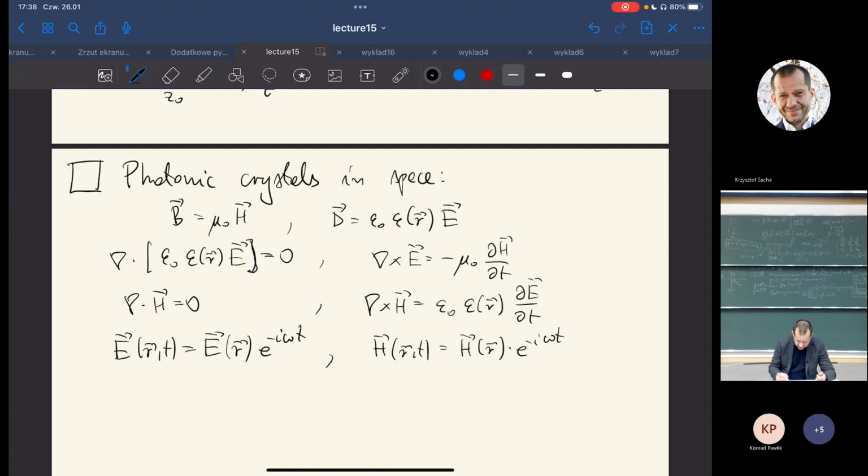Then, as in a standard situation, we calculate the curl of this equation and then substitute the fourth equation of the Maxwell equations. So what we get is a double curl, minus omega squared over c squared, where c is the vacuum speed of light.